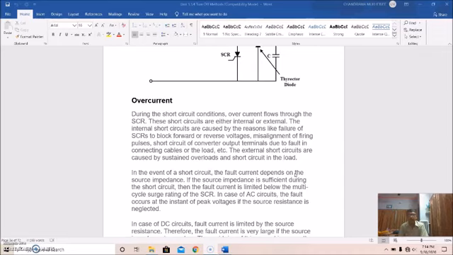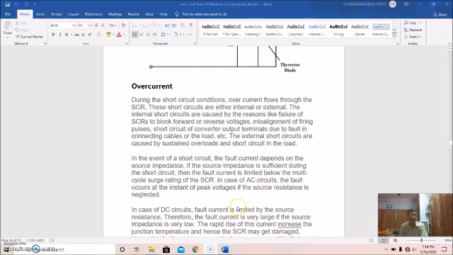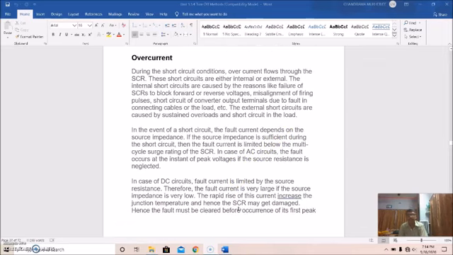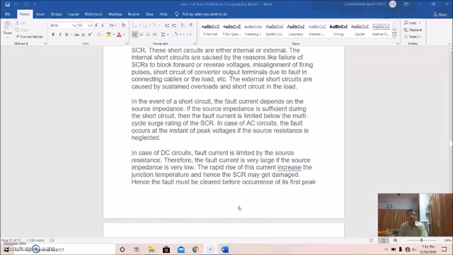In the event of a short circuit, the fault current depends on the source impedance. If the source impedance is sufficient during the short circuit, then the fault current is limited below the multi-cycle surge ratings of the SCRs. In case of AC circuits, the fault occurs at the instant of peak voltage if the source resistance is neglected. In case of DC circuits, fault current is limited by the source resistance. Therefore, the fault current is very large if the source impedance is very low.